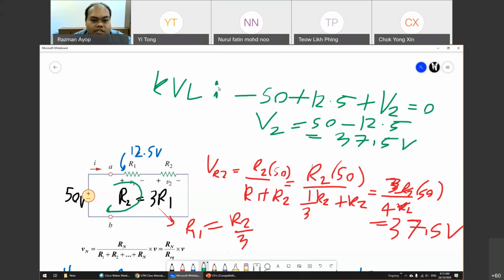Either you use Kirchhoff's law or the voltage divider rule, you will get the same answer. You can use either way. But sometimes the question asks you to use a specific way, so you have to follow, either Kirchhoff's voltage law or voltage divider rule.